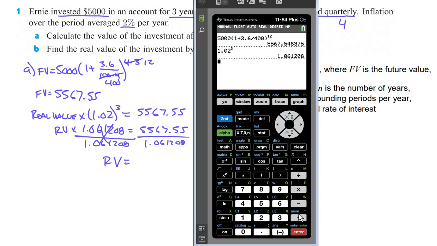So basically we're going to take our 5,567.55, and then we're going to divide by this answer. I don't want to type that all back in, so I'm going to do second answer, make my life easy, and it's 5,246.43.